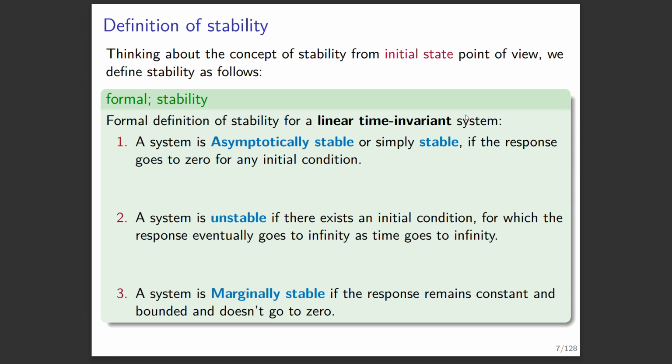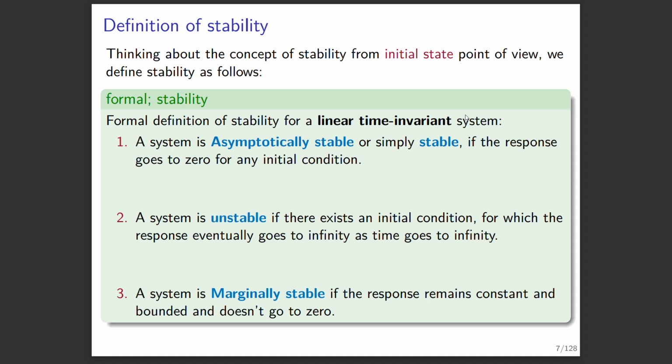The third possibility, or the third definition, is a marginally stable system. A system is marginally stable if the response remains constant and bounded and doesn't go to zero. So imagine a ball that is located on a flat surface.